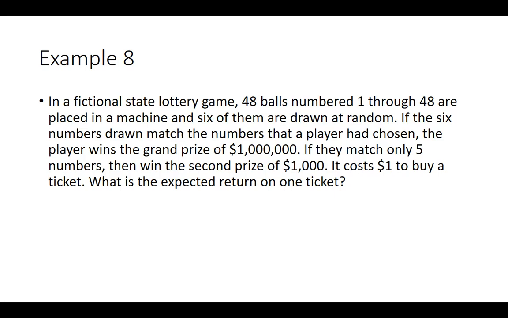If the 6 numbers drawn match the numbers that a player had chosen, the player wins the grand prize of $1 million. If they match only 5 numbers, they win the second prize of $1,000. It costs $1 to buy a ticket. What is the expected return on one ticket?